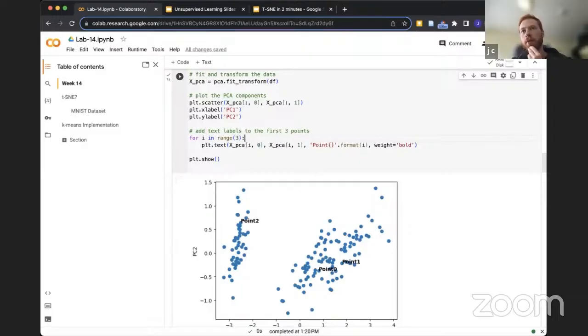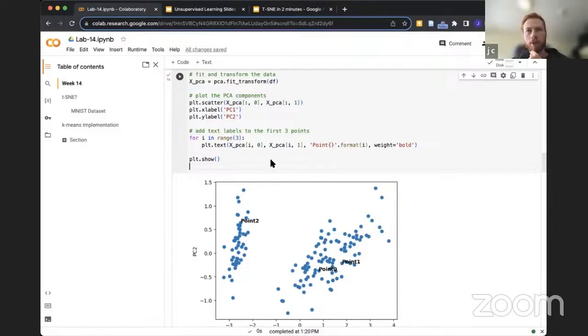Okay, seems like everyone is able to run it. Can everyone post in the chat how many clusters they would say are in this data set, looking at the PCA embedding? 2? Yes, 2 sounds reasonable.